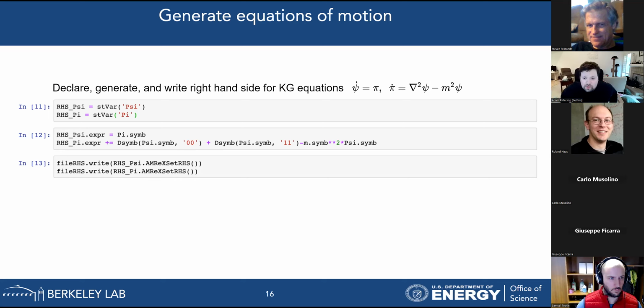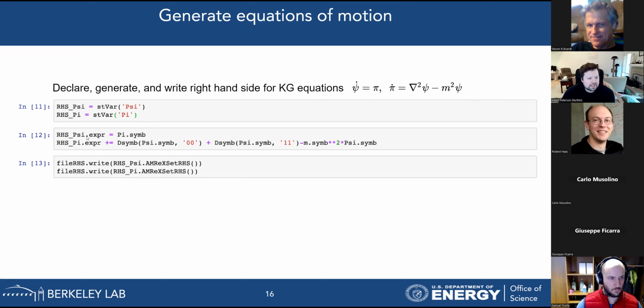So the Klein-Gordon equation in first order form, in first order time advancing, contains 2 variables. It contains the object psi and the conjugate momentum. So I should be able to take these equations of motion here and just more or less read them off.